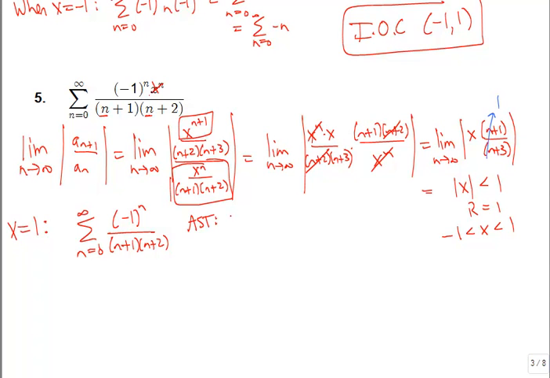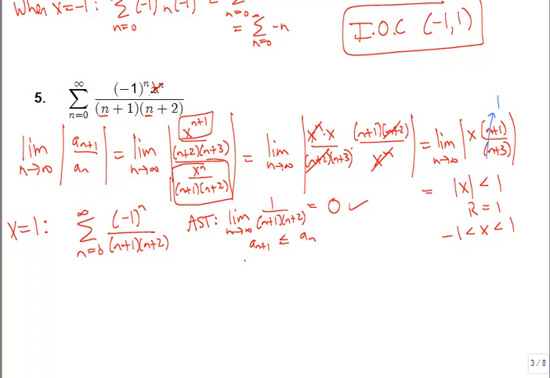So if I use that, I would need to look at the limit of the nth term, which would be 1 over this n plus 1, n plus 2. And as n gets big, this denominator gets big, so the fraction gets smaller. So this will go to 0, which is what we need. The other condition that we need is that a sub n plus 1 needs to be less than or equal to a sub n.